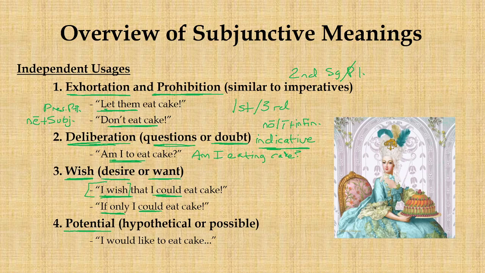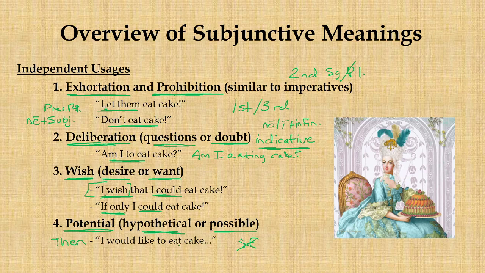And then this final use that we're going to look at in this chapter is the potential subjunctive. What's really the basis of this is the hypothetical, or what is possible. The simpler way I think to understand this is as the then part of an if-then statement. But the if part, there is no if.